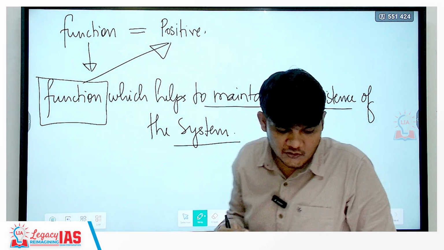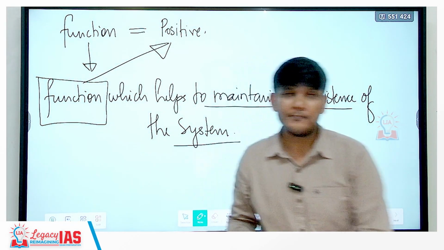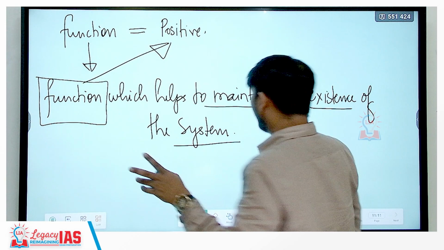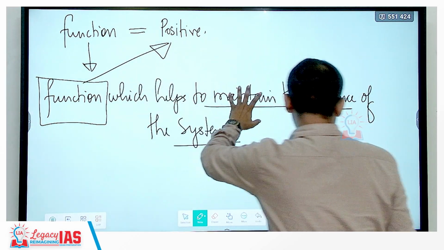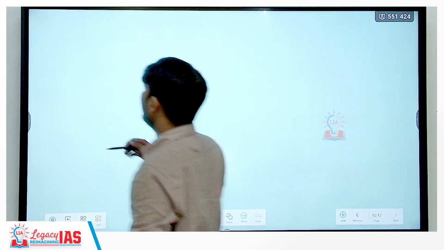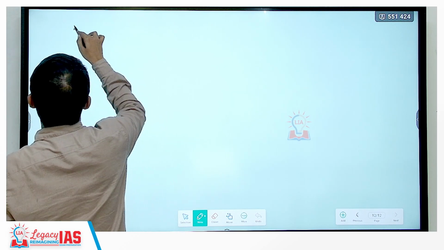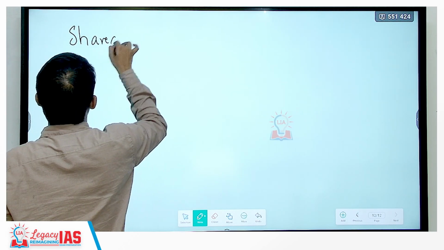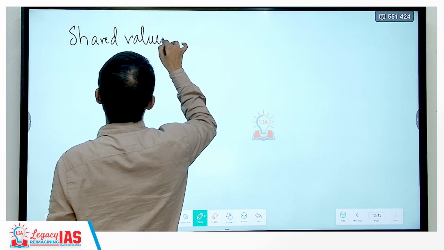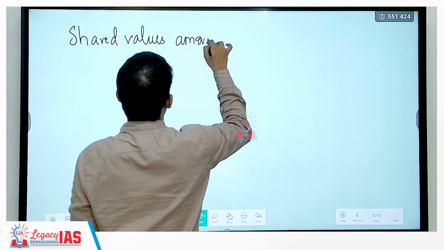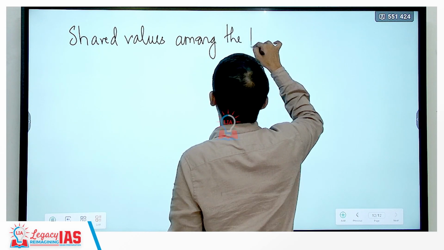Alright, so this is what the functionalists actually talk about. One thing to remember here is that functionalists say the maintenance of society is only possible if there are certain shared values among the people.